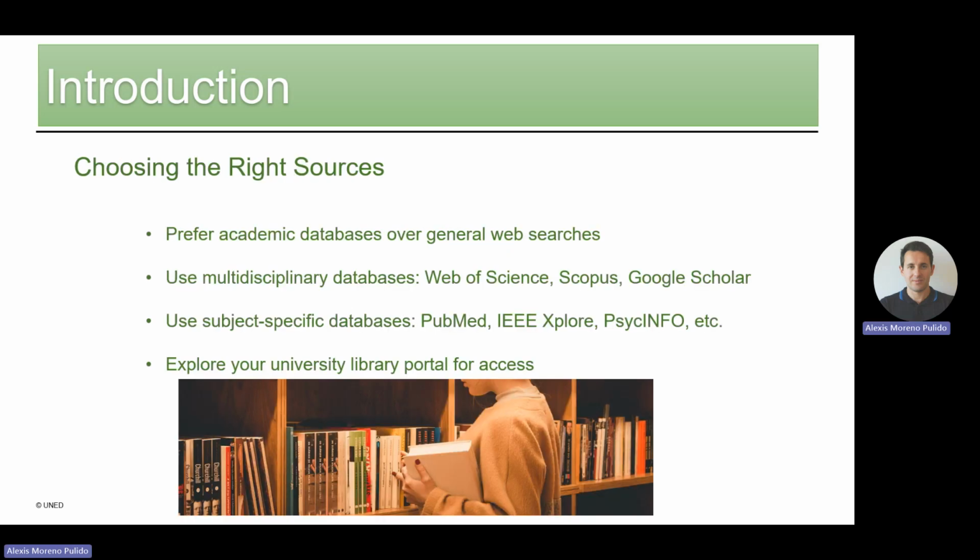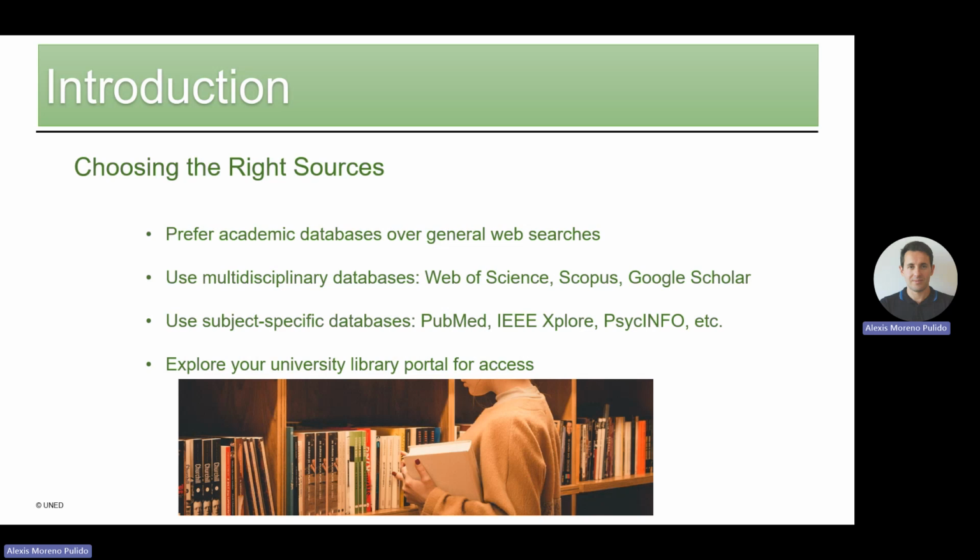Choosing the right sources. The next step is to identify where to search. Not all information sources are created equal, especially in academia. For scholarly work, academic databases and library resources are your best friends.